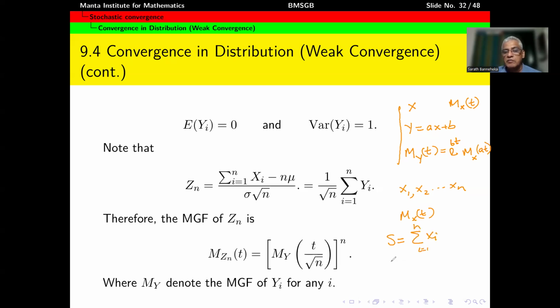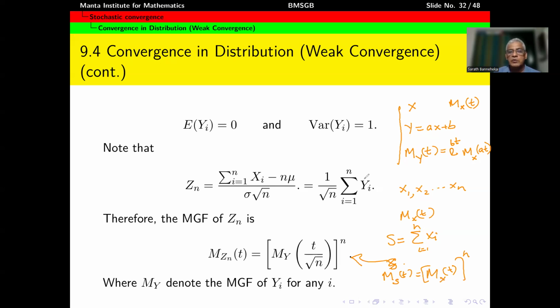Then we can show that the moment generating function of S evaluated at t is equal to the product of the individual moment generating functions. Because each has the same moment generating function, this will be equal to Mx(t) to the power n. So here we are using these two properties.